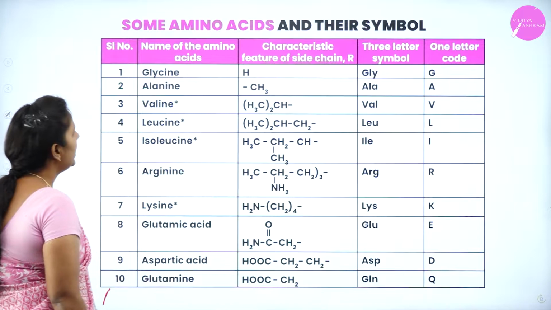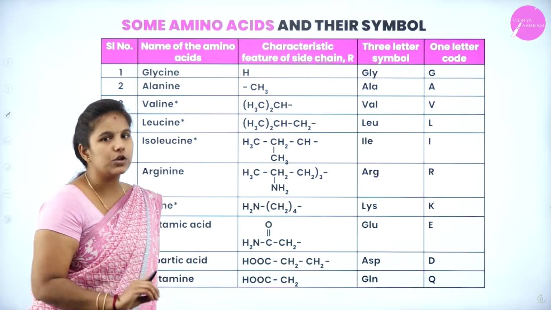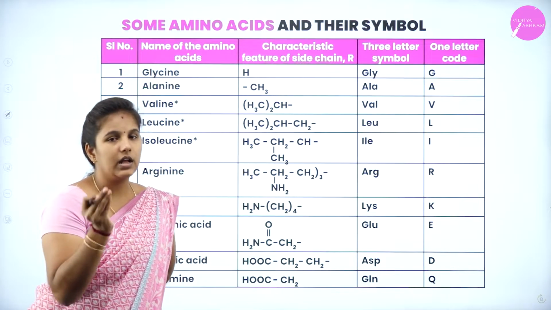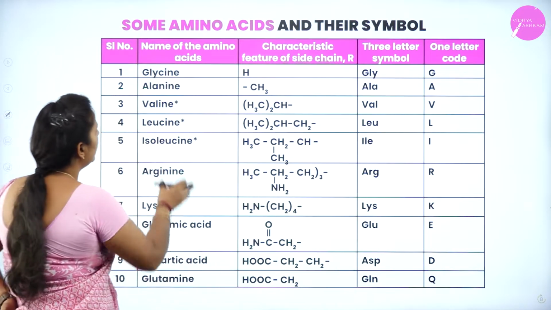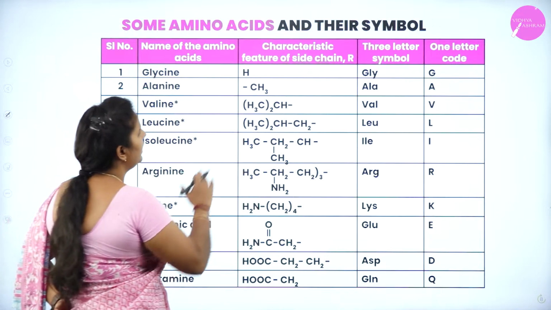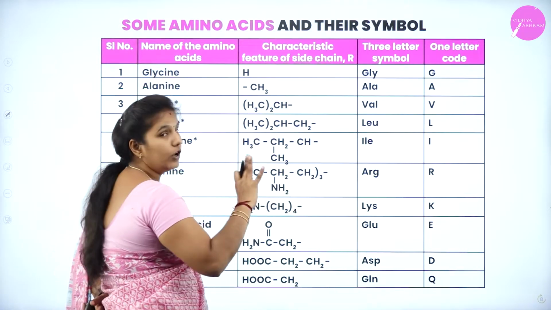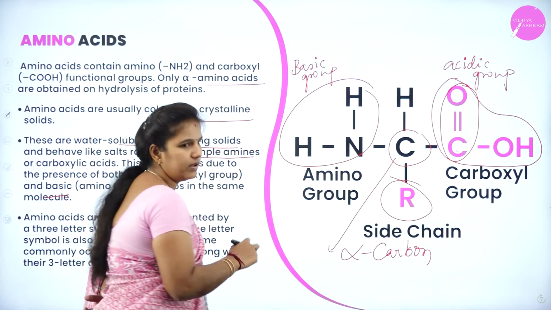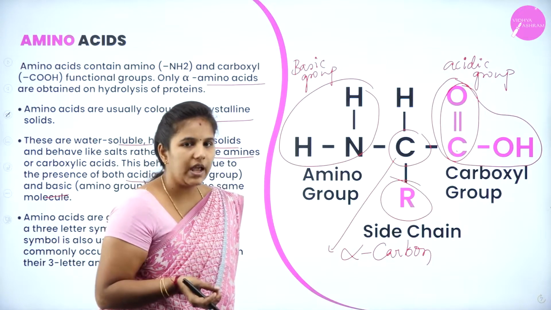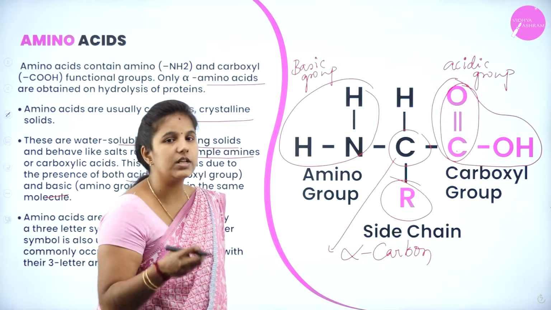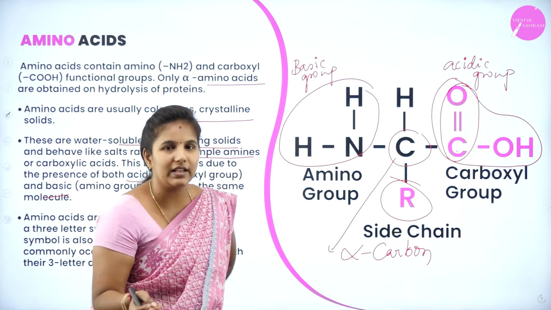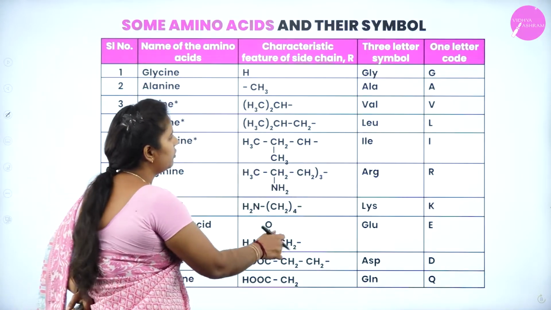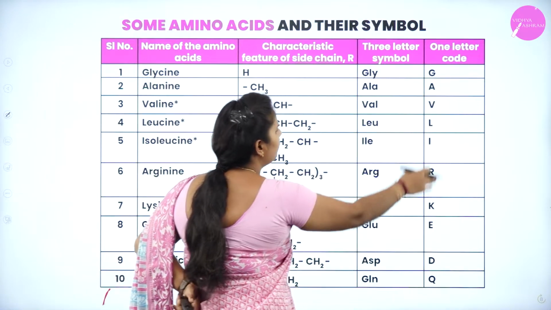So here I have listed the 20 different types of amino acids, so you will understand how to name and how to represent them. Here is the name which I have given, and the characteristic feature of only R. Already I told you that in my structure only the R group is variable. The R group may be H, CH3, C2H5 or NH2 like that. So, as the R group is variable, I have written only the R group, and what the 3 letters are and what the 1 letter is.